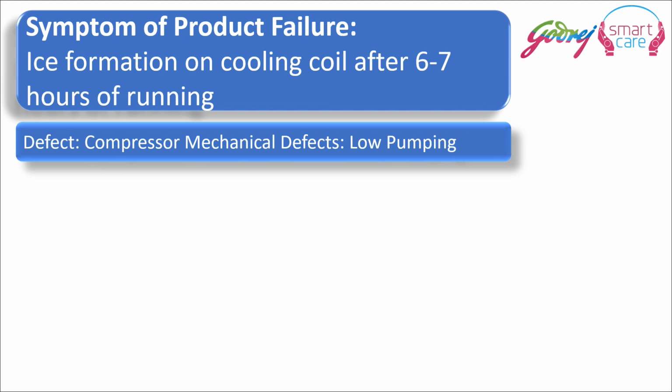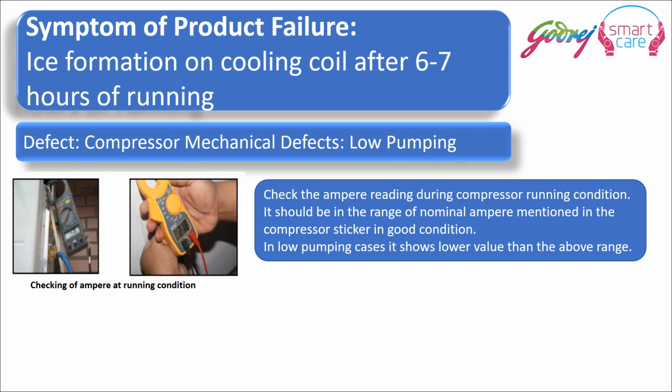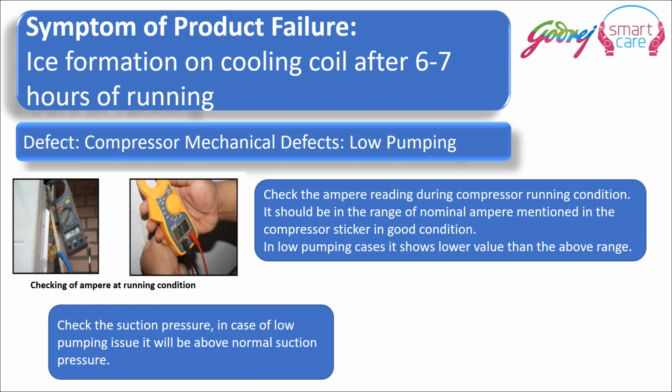In case of a compressor mechanical defect of low pumping, we have to check the ampere reading during compressor running condition. It should be in the range of nominal amperes mentioned in the compressor's figure in good condition. In a low pumping case, it will be lower than the above range. Check the suction pressure.